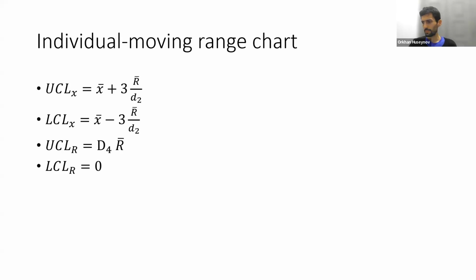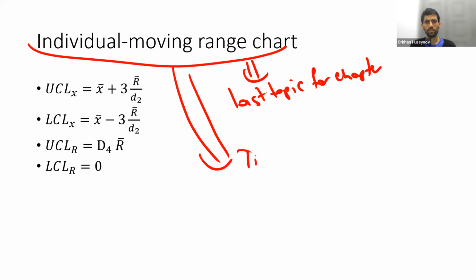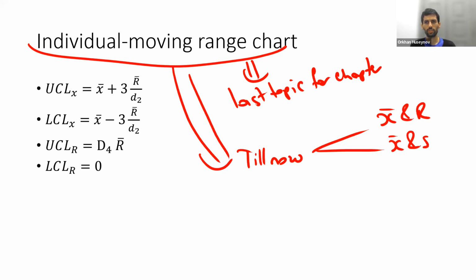So the individual and the moving range chart. This is the last topic for this chapter. Till now, we have seen the X bar and R chart, and the X bar and S chart.